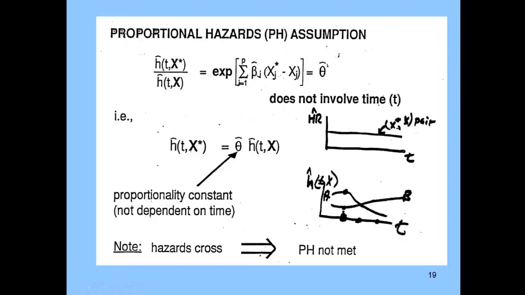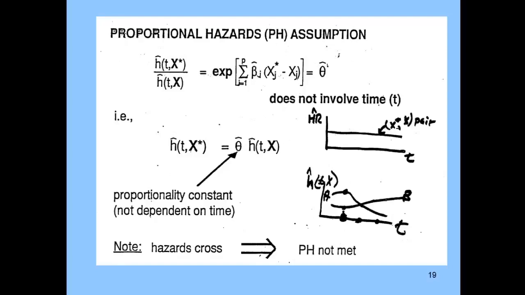At this point, the hazard for B is larger than the hazard for A, so the hazard ratio of A to B is a number less than 1. So if this was the situation, then it wouldn't be appropriate to use a Cox proportional hazards model, because the assumption's not satisfied.